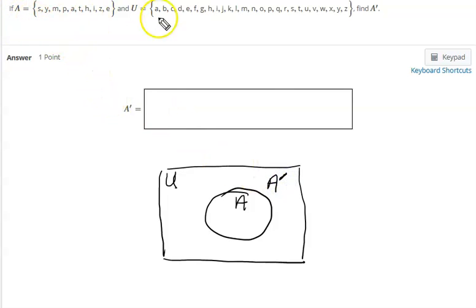So that's what we're asked to find here. Find a complement. So how do we do that? Well, I had suggested in our lessons that you take A and eliminate A from the universe. And then what's left in the universe is a complement.